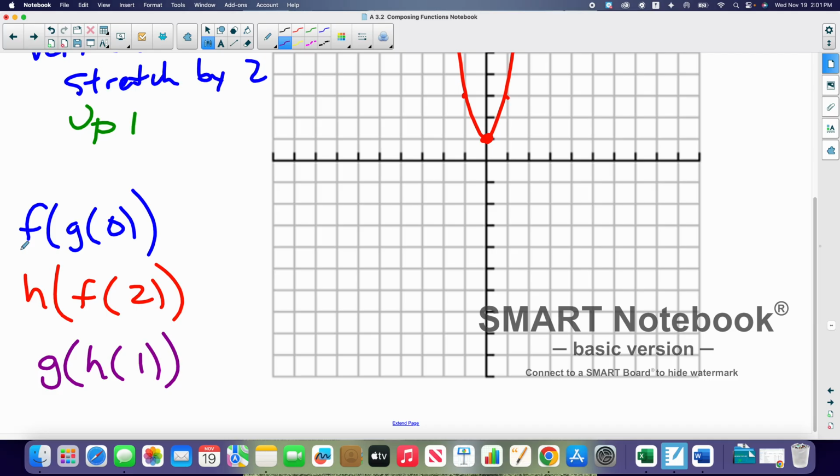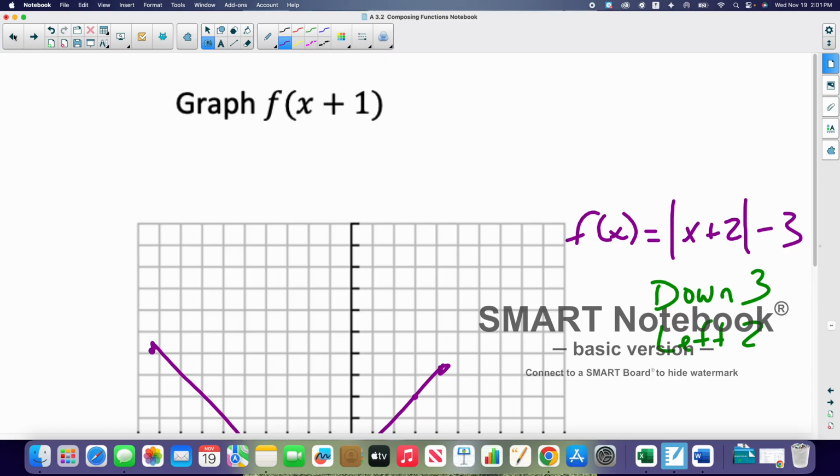Did anybody come up with a value for h of f of 2? Anybody come up with an answer? Got 3? Okay. Let's take a look. So I'm going to go f of 2. I'm going to go over to my f graph. Here's my f graph right here.